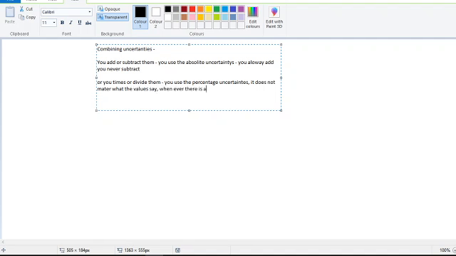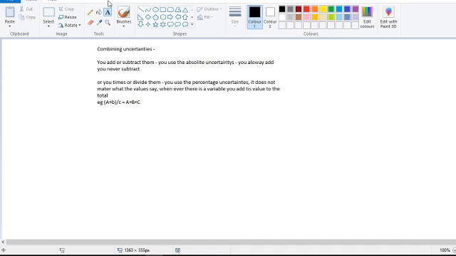Whenever there is a variable, you add its value to the total, e.g. A plus B divided by C. The combined uncertainty would be A plus B plus C, and that never changes. So that is basically it.